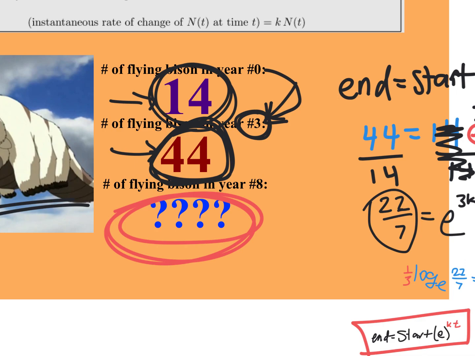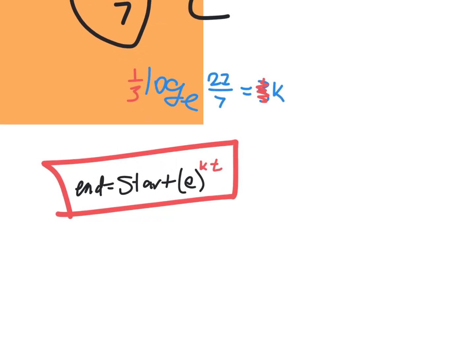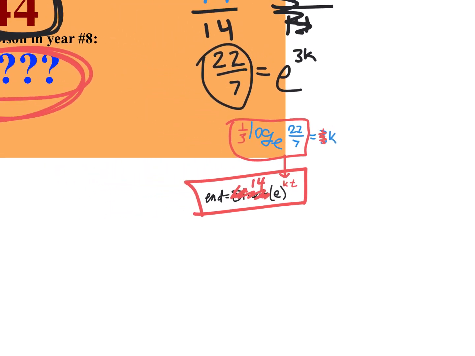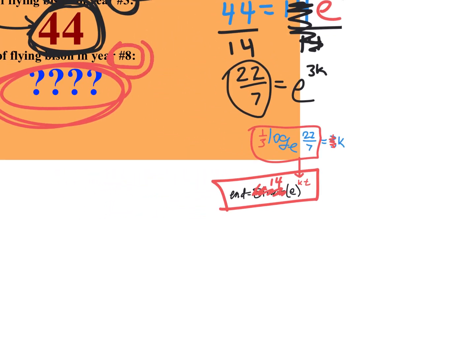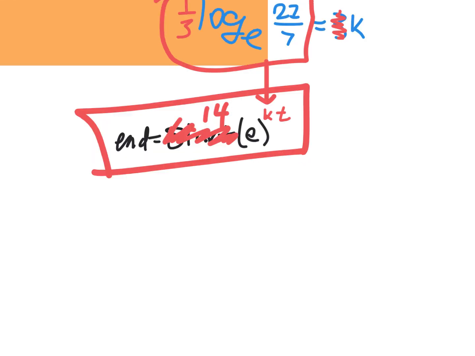So I'm gonna put 14 in the start spot, and I'm gonna put K is this. That's going to go here. All right, and what do I know for time? It says year 8, so you should have put the 8 in here.